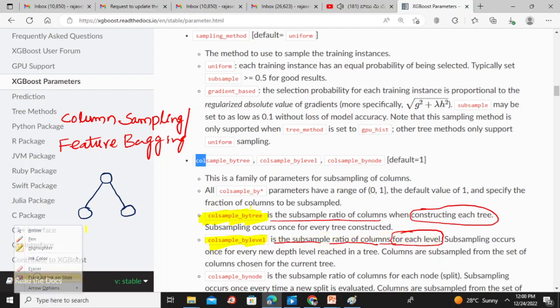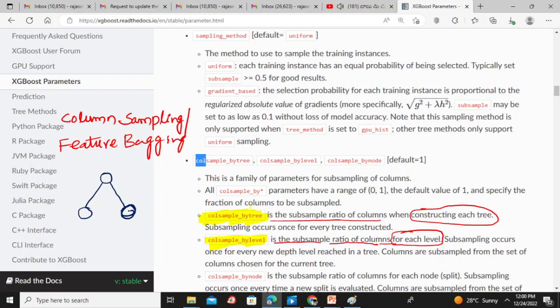For each level, if you want to see how much reduction in entropy or Gini impurity you have, we look at all the features and see which feature performs best.